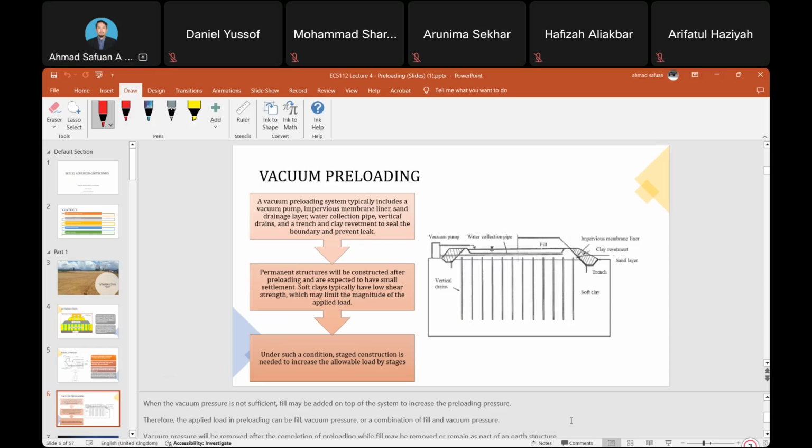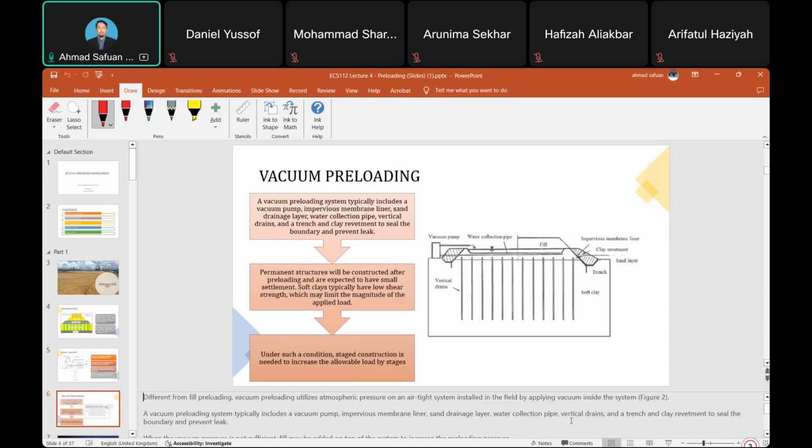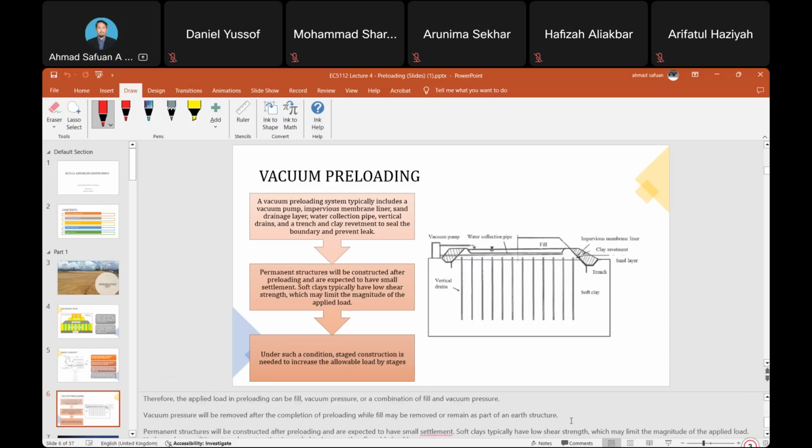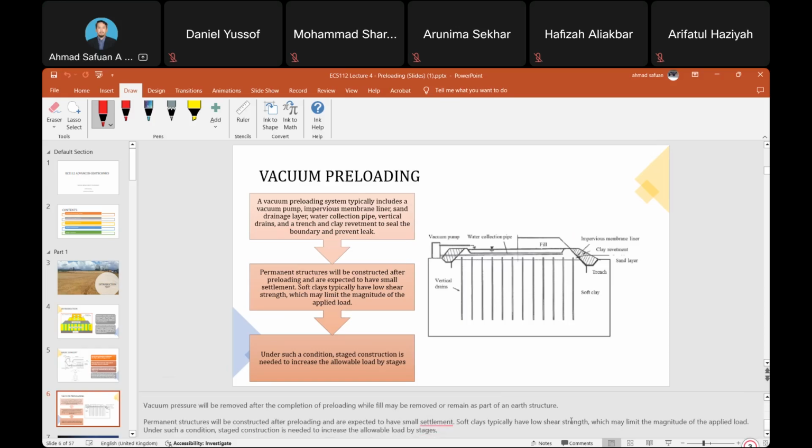Therefore, the applied load in preloading can be fill, vacuum pressure, or a combination of fill and vacuum pressure. Vacuum pressure will be removed after the completion of preloading, while fill may be removed or remain as part of the structure.